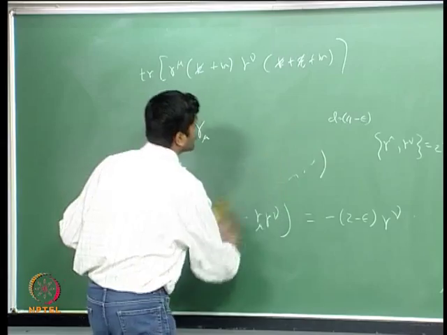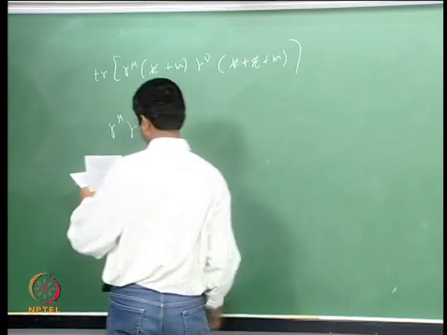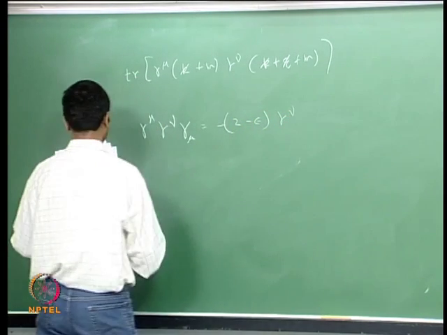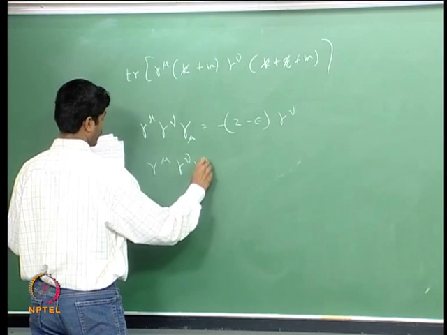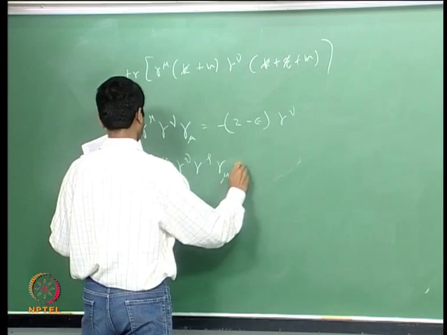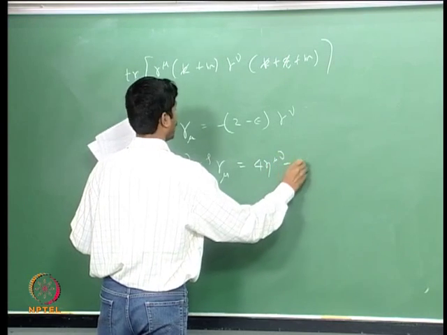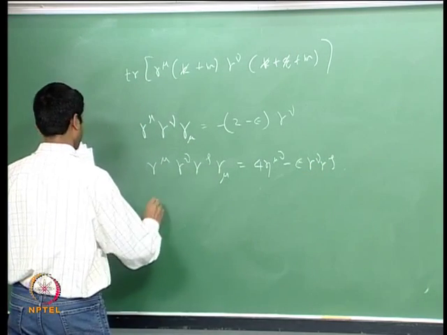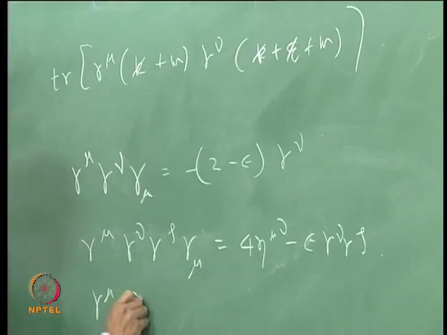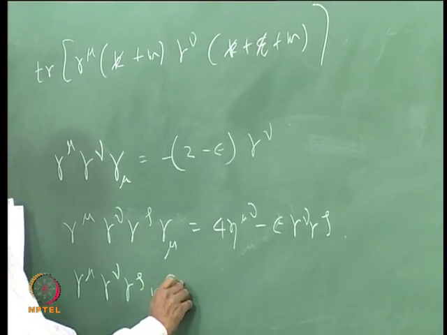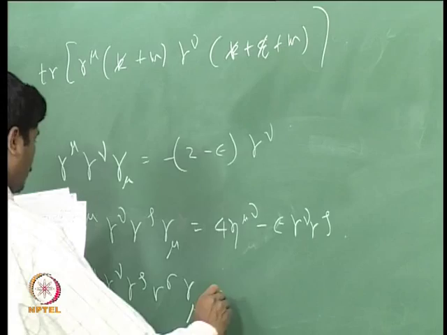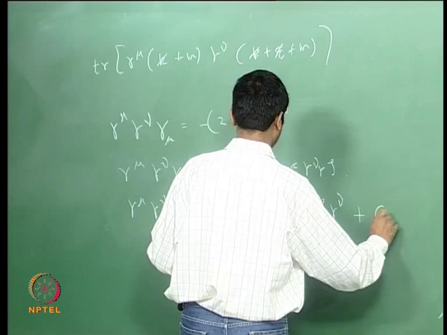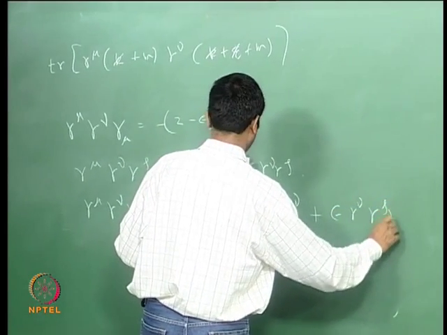So, this when we have evaluated, we saw that this is given by minus (2 minus epsilon) gamma nu; gamma mu gamma nu gamma rho gamma mu is simply 4 eta mu nu minus epsilon gamma nu gamma rho; and when there are 3 gamma matrices, gamma mu gamma nu gamma rho gamma sigma gamma mu is equal to minus 2 gamma sigma gamma rho gamma nu plus epsilon gamma nu gamma rho gamma sigma.